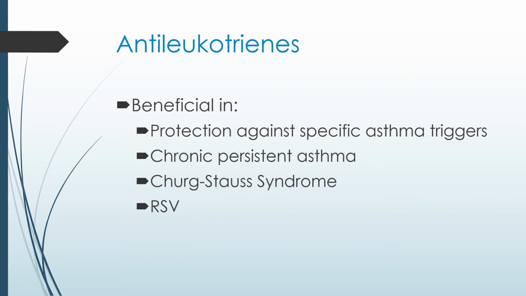So very beneficial against chronic persistent asthma, Churg-Strauss syndrome, which is uncommon. It usually affects people 20 to 40 years of age. What happens there is it causes peripheral eosinophilia, and that eosinophilic infiltration of the tissues causes a necrotizing vasculitis. So the tissue literally is being eaten. It's necrotizing.